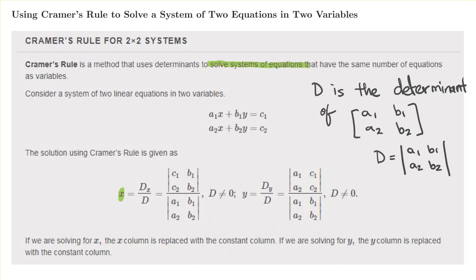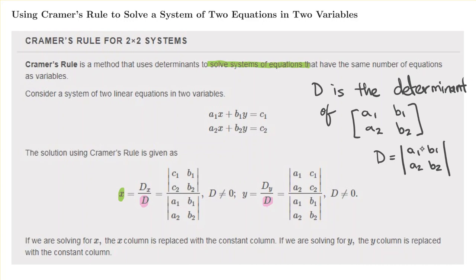And see that D is here, and here. So this is how to find the value of y. But we'll finish that. So you would find the determinant, and it would take the place here and here. Now this D subscript x is represented as the determinant of this matrix.